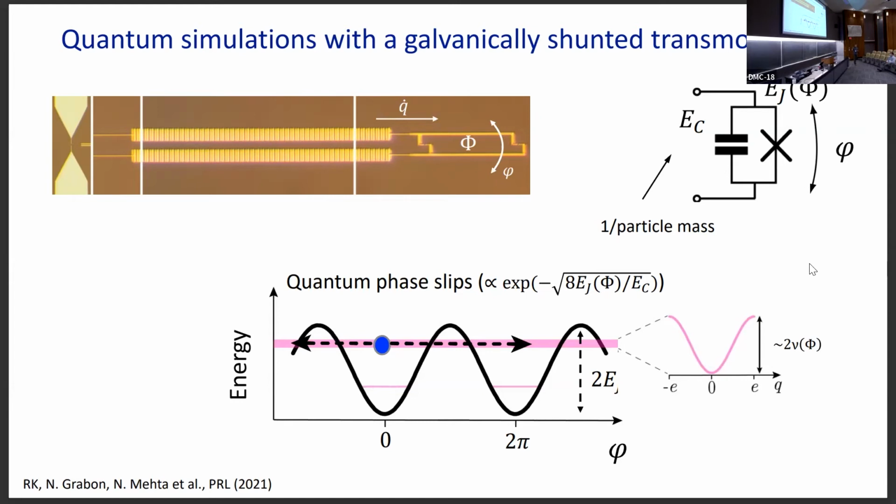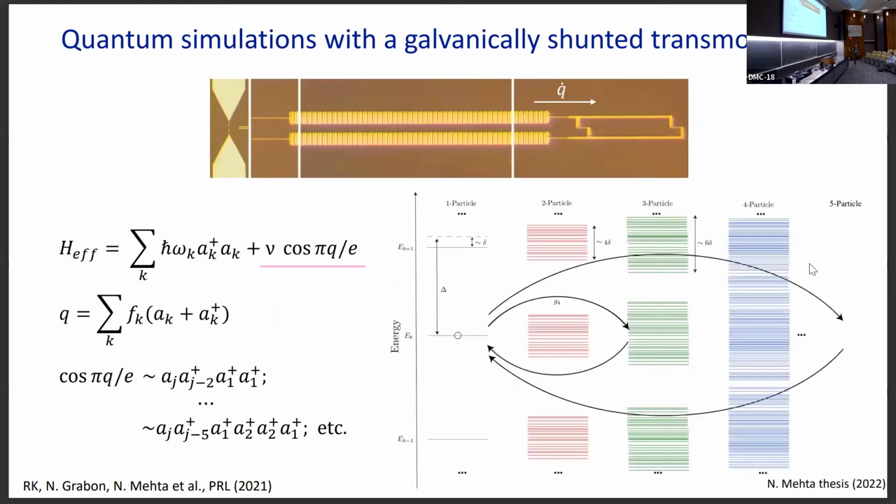Now, when you have these phase slips, the way to model the physics is to write this effective Hamiltonian, where we again have non-interacting photons, and then this cosine Q term, where Q is this quasi-charge, a dual variable to phase. But this quasi-charge is an operator, and it actually contains a superposition of all these creation and annihilation operators of the modes inside.